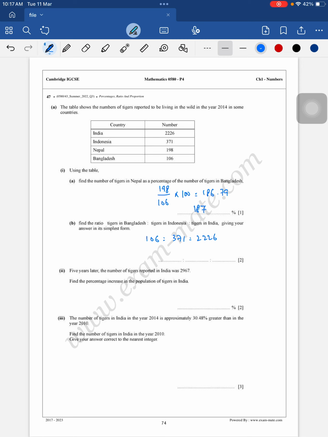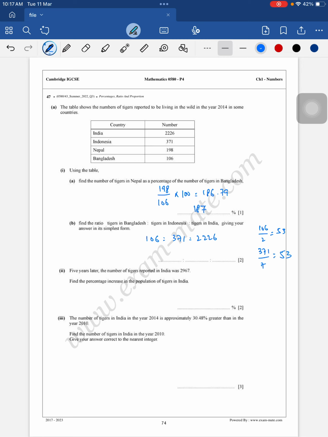So 2226, okay, so we have to think of a number which can be divided by all three, right? Okay. So 106 divided by 2 is 53. Okay, it is divided by 2 and 53. Okay, 371 divided by 7 is 53. Okay, both are divided by 53.